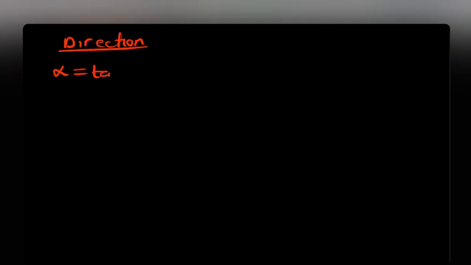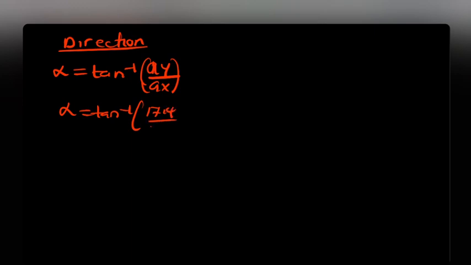Alpha is tan inverse of the acceleration in the y over the acceleration in the x. So in the y, the acceleration that we found is 17.4, then in the x is 29. So when you punch it, you're going to get 31 degrees.